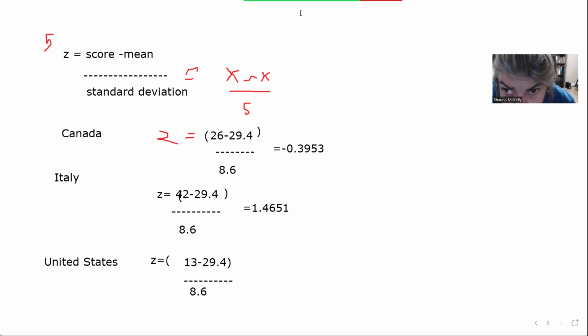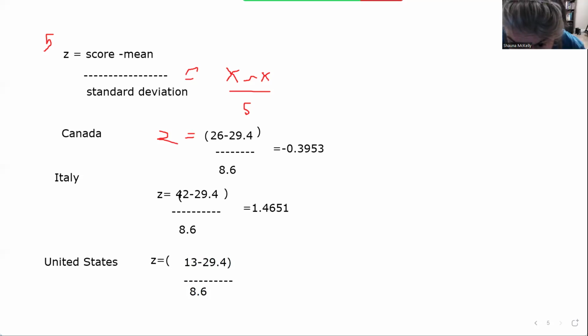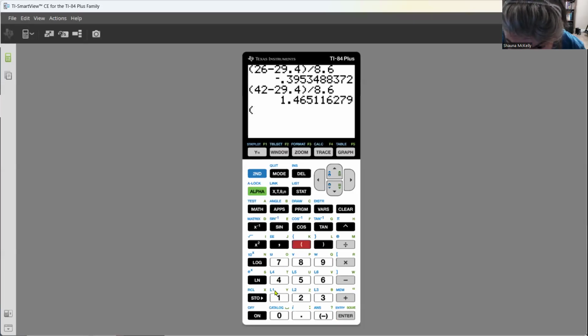I'm going to share my calculator one more time. This is 13 minus 29.4. And I'm going to divide it by 8.6. This is negative 1.90697.